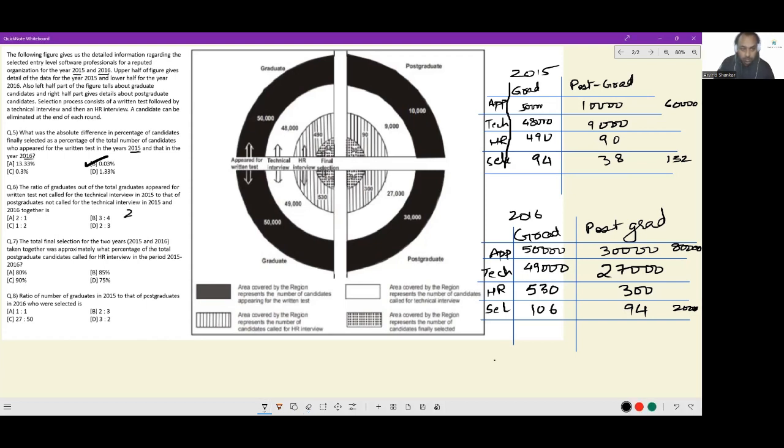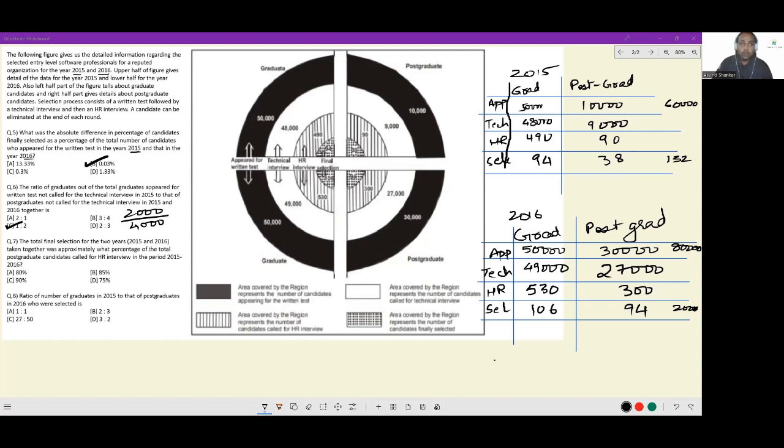The first number is 2000 divided by postgraduates not called for technical interview in 2015 and 2016. So 1000 and 3000, 1000 and 3000 by 4000. So the final ratio we're seeking is 1:2 or option C.